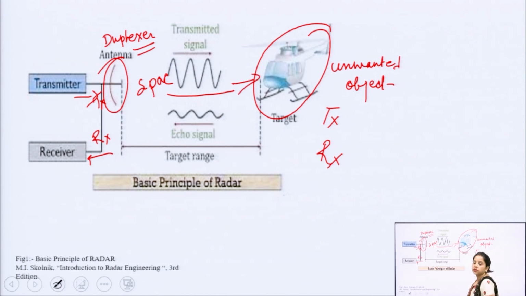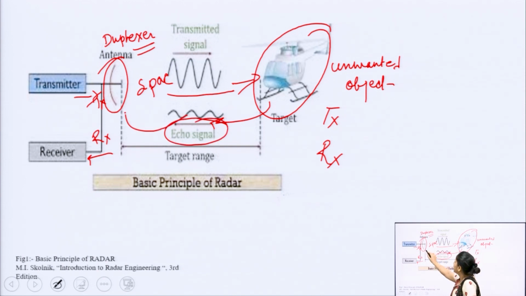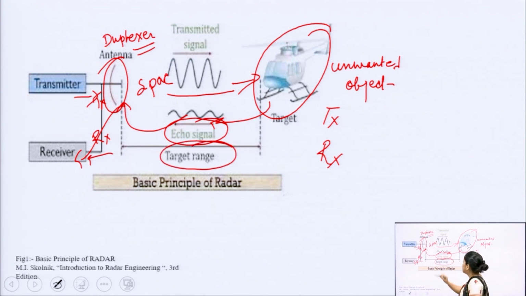It interacts with the target. 100% of the energy is not intercepted by the target; some is reflected back, which is represented as an echo signal. It is received by the receiving antenna and passed to the receiver section for processing, which will tell us where the target is and what the range of the target is. So, this is the basic principle of radar.